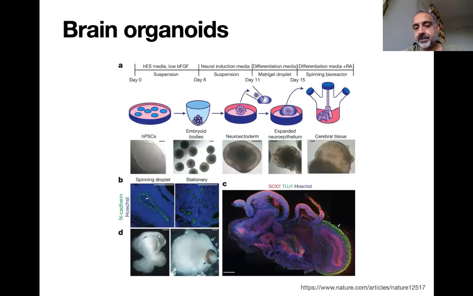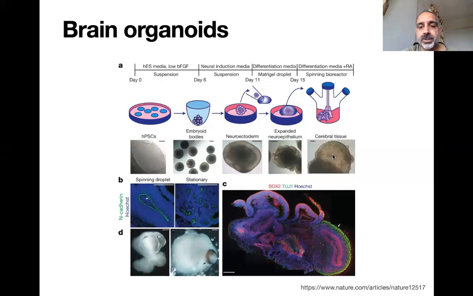Having said that, many of you are familiar with brain organoids, I'm sure. So here, this is work from Madeleine Lancaster, and what's happening here is taking human ES cells and then differentiating them into neuroectoderm, and then using a particular culture system to start developing cerebral tissue.